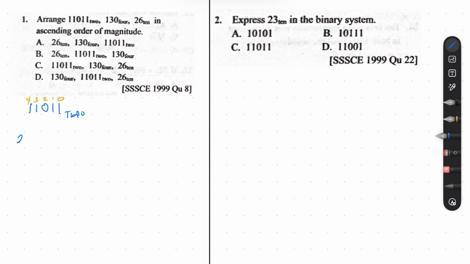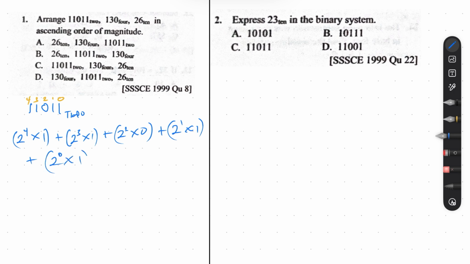So 2 to the power 4 times 1 plus 2 to the power 3 times 1 plus 2 to the power 2 times 0 plus 2 to the power 1 times 1, then plus 2 to the power 0 times 1.